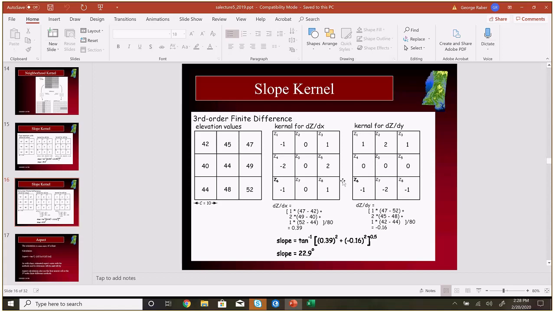Now think about, the bigger the cell size, the less able you're going to be to get to 90. Let's say we have a DEM of an area that does have some pretty big elevation changes. If we have a 1 meter cell size, then we can have slopes that get really close to 90. But if we have a 10 meter cell size, all of a sudden there's no slopes anywhere near 90. Now the highest we can get is probably in the 80s.